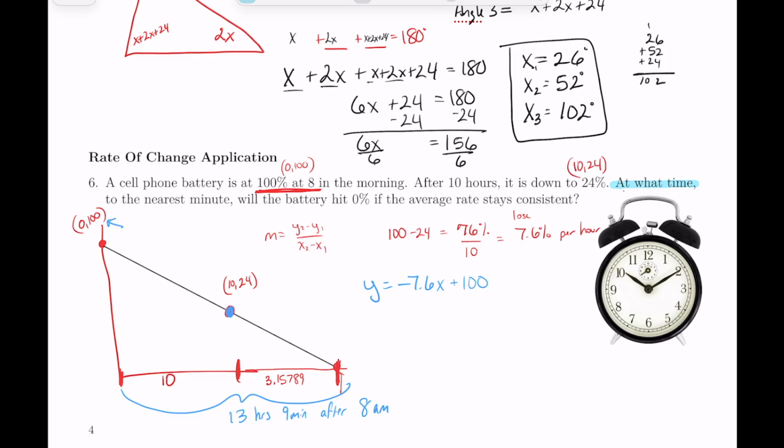So that's this spot right here. And what we're looking for is when our battery life is 0, so we can put 0 in for the y value. This really is the same type of problem. We're just starting from 100 instead of starting from 24 percentage points.